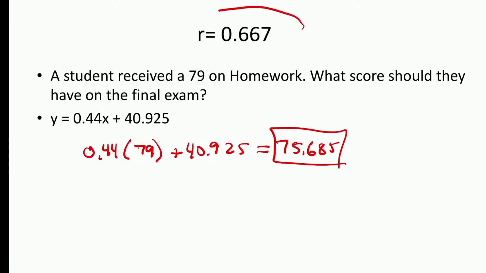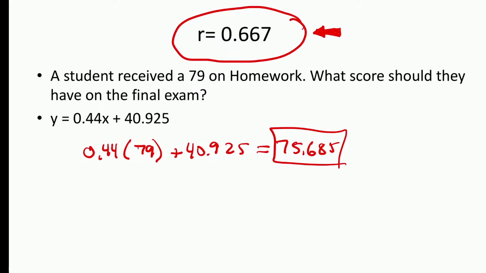Now, one of the things about using the linear regression line to make predictions is that the closer the correlation coefficient is to 1, the more likely you are to be correct in your prediction. We don't have time to compute probabilities and confidence intervals, but you can compute confidence intervals for this.